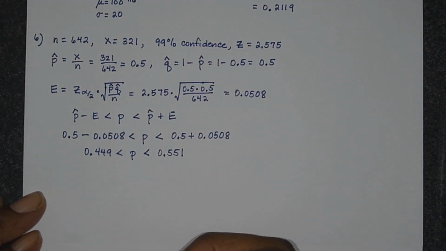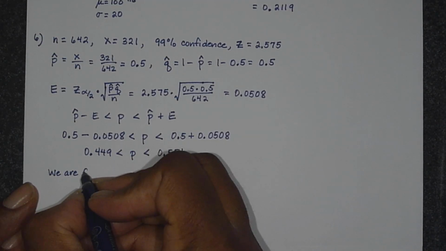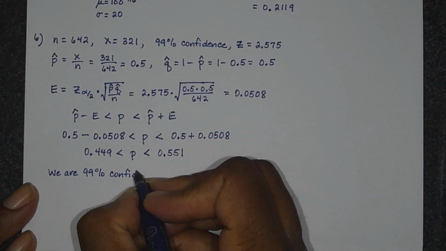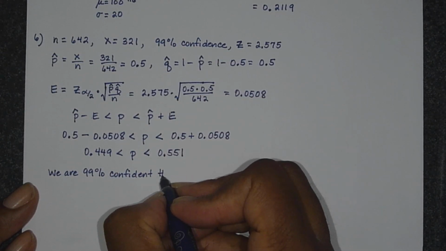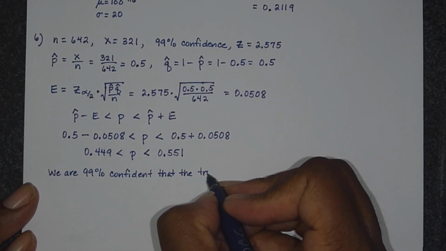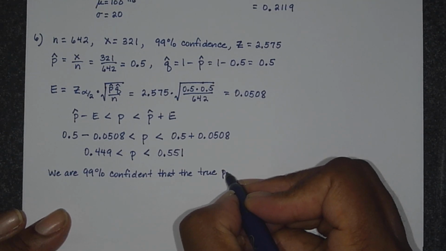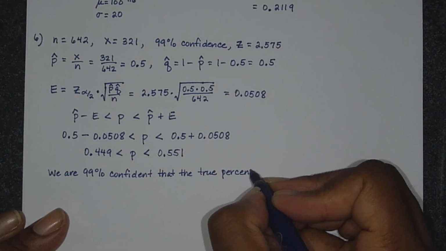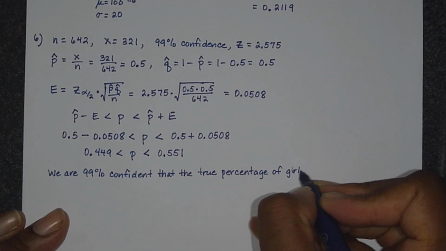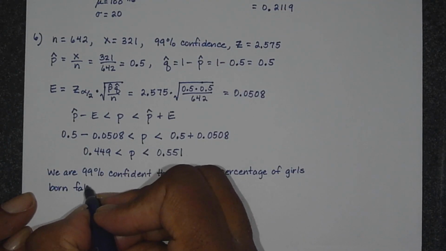And to interpret this, we can say something like this, that we are 99% confident that the true percentage of girls born falls between.